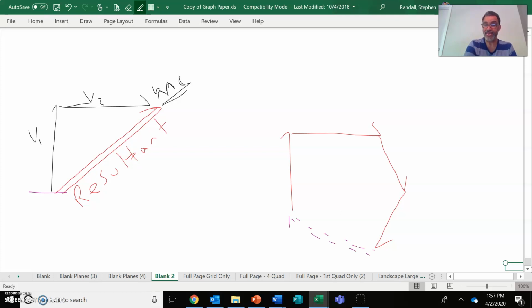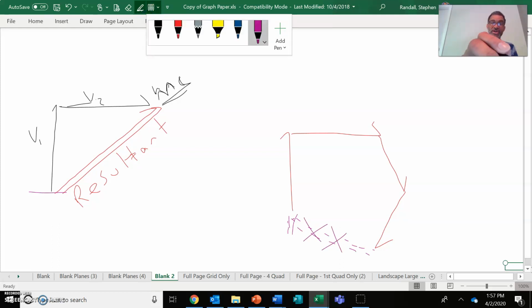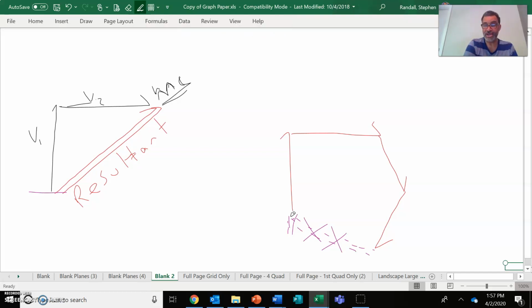Well, that, of course, is incorrect, because in order for it to be the result of my trip, it would have to start where I started. Let's go black. It would start here and end there. So this is the resultant, because it's the direction that I ended up going in.